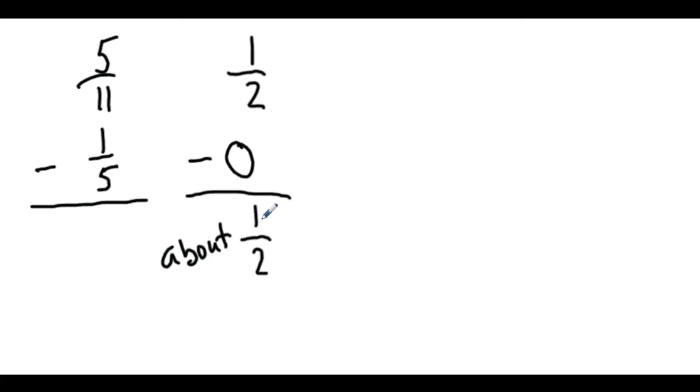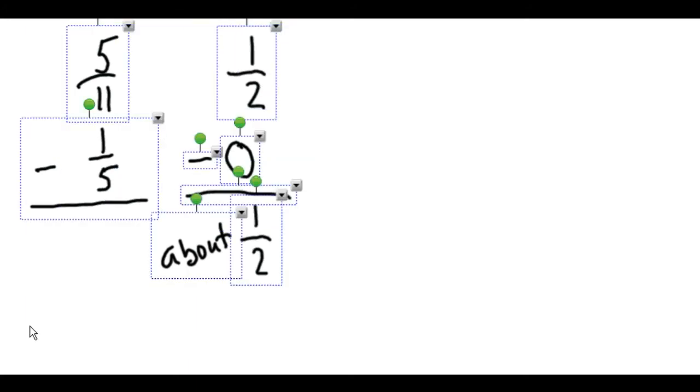Very cool. Let's do one more just to be sure. Let's use a mixed number this time. Now we're going to do 3 and 5/12 minus 3 and 1/10. I want to set this up vertically for easier use.